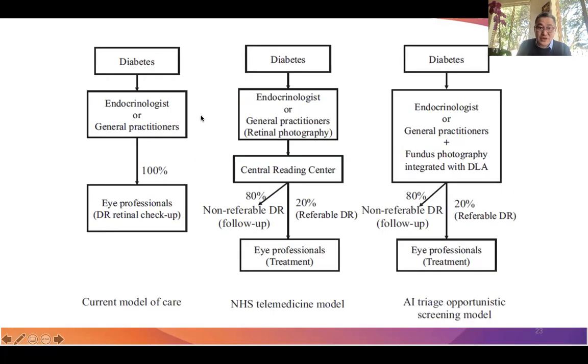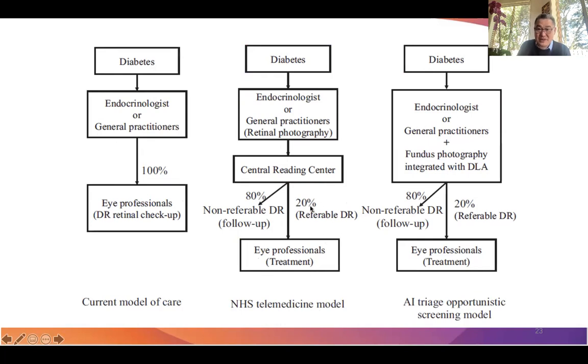So this is a traditional diabetic screening program. You have the diabetic patient, the endocrinologist, and all the patients get referred to see an eye professional. This is a very costly, very expensive model. Then in the NHS in the UK, they developed a reading center. After they screen the patient, they send the image to the reading center, and the reading center sends the report back to the eye professional.